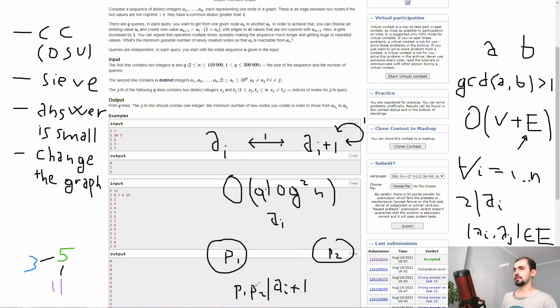So yeah, it's not true that AI is divisible by any of them, but this AI plus 1 adds this edge, because it creates a node that is divisible by both, and in our definition, two primes are connected when there is a node divisible by both of them. So yeah, those edges are also important to count. And there's also a log squared number of them.